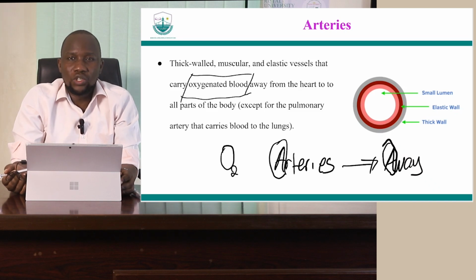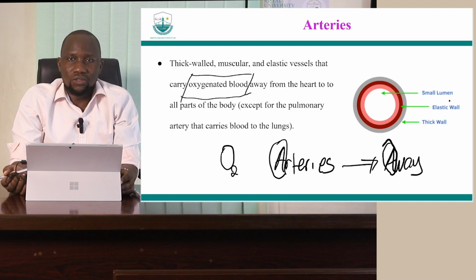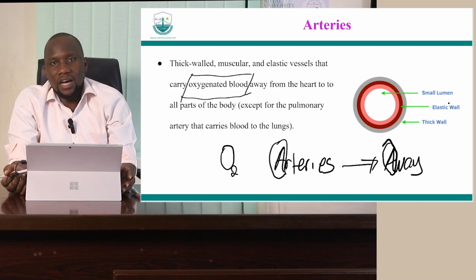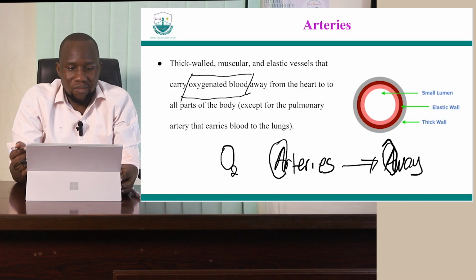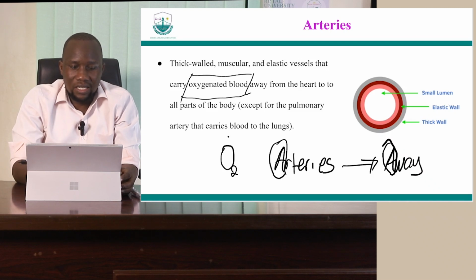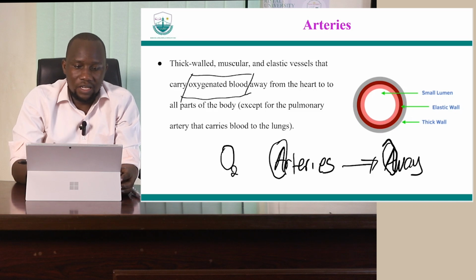That's about the composition of the blood that is being taken away from the heart to the different parts of the body. But we also have blood that is moved from the heart to the lungs, and this is carried through the pulmonary artery, but the composition is different. That blood is instead deoxygenated blood.